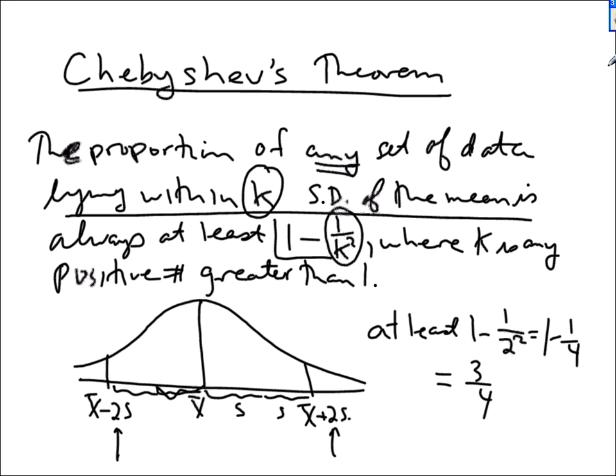Now, the empirical rule will tell us 95%. Well, this is 75%. It says at least 75%. Well, 95 is true, but remember, empirical is only true for a bell shape. This is true for any shape, any bizarre shape.